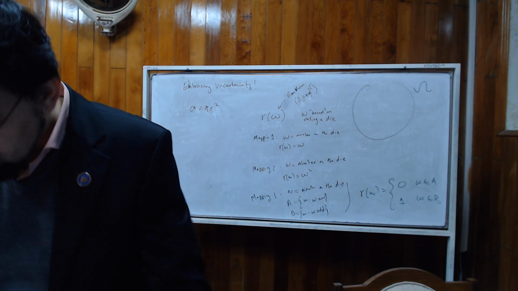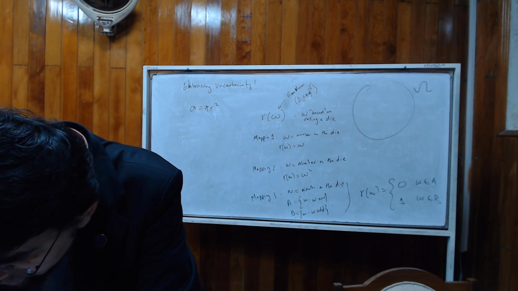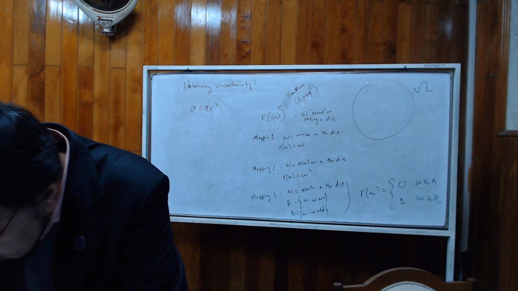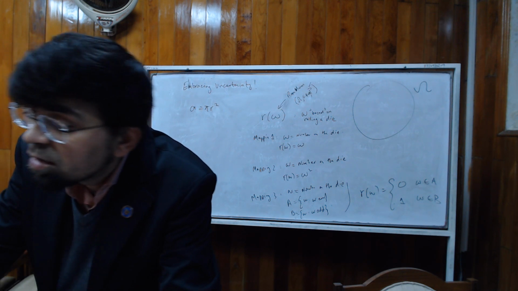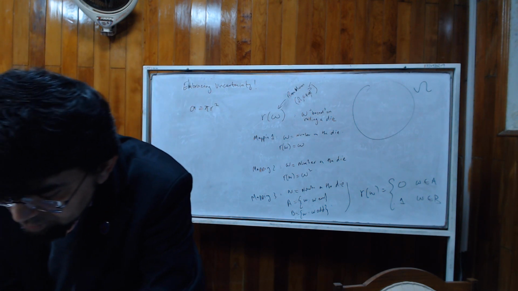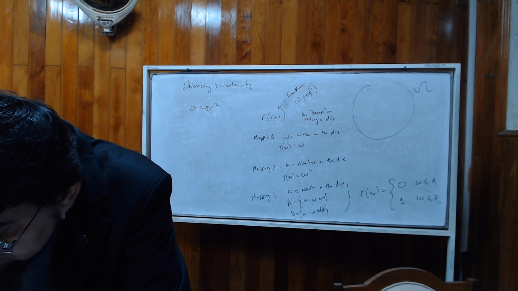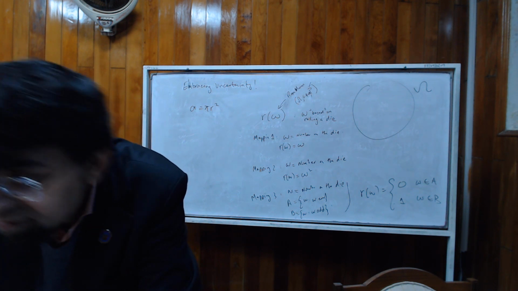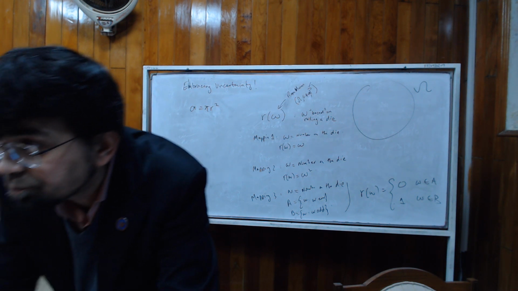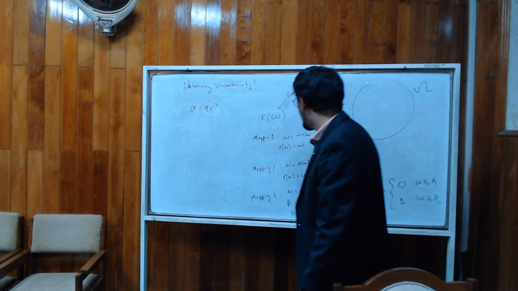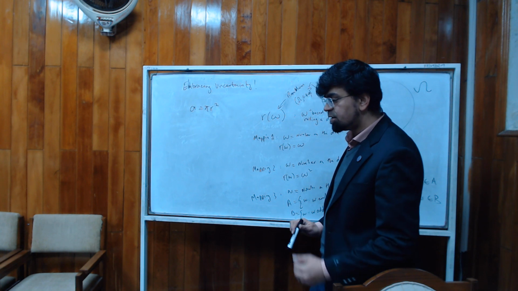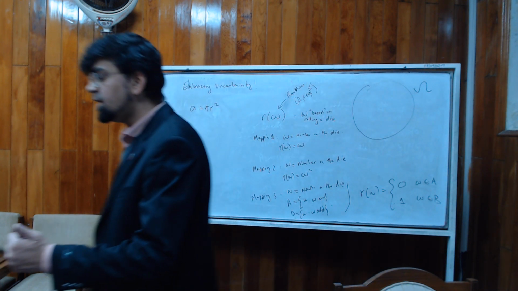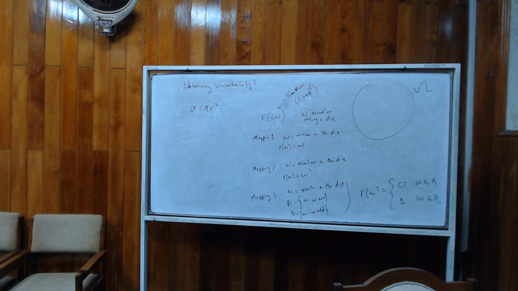So to summarize, we have gone from deterministic event to random event, deterministic variable to random variable. Now, what's the relation between random event and random variable? A key relation is that a random event can have a non-numeric value.